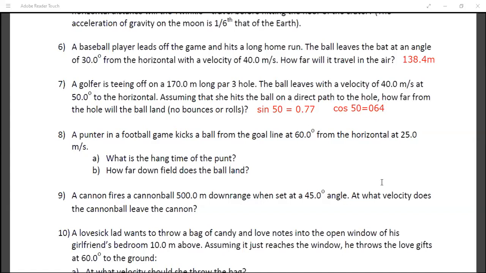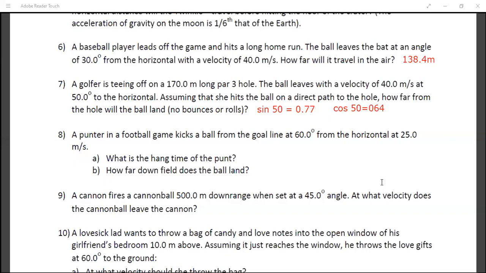Yeah, Khushi, tell me. Sir, can you please explain the first line of question 7? One golfer is teeing off on a 170-meter long par 3 hole. It is just like the final hole of the golf. During that section it is talking about that segment of the game. So it's basically the distance. Yeah, 170 meter is the distance.